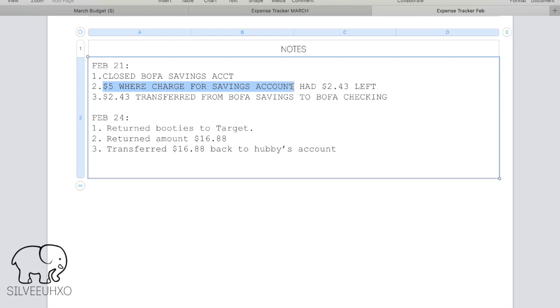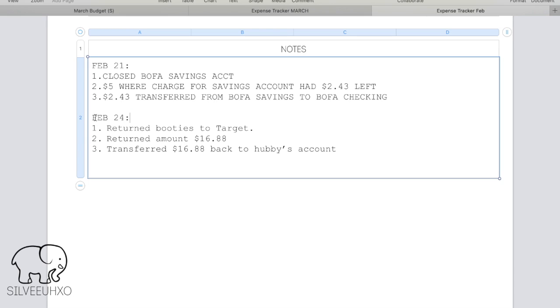So after the $5 were charged, I had $2.43 left. So before I closed the account, I transferred those $2.43 from my savings to my checking. I know that I transferred $2.43 from savings to checking on the 21st, and then my account was closed.